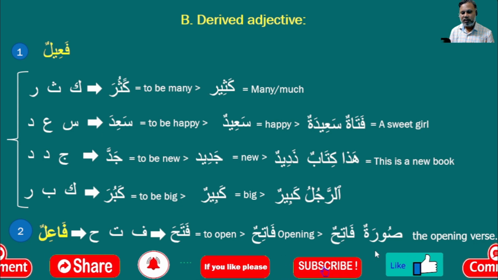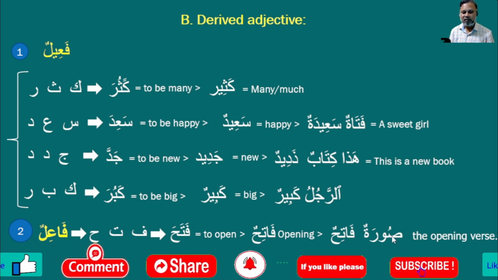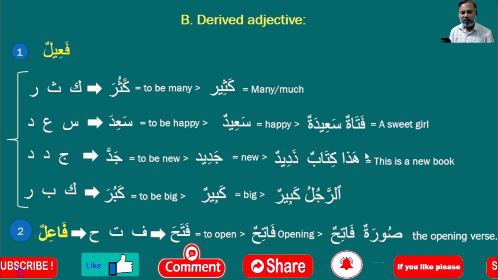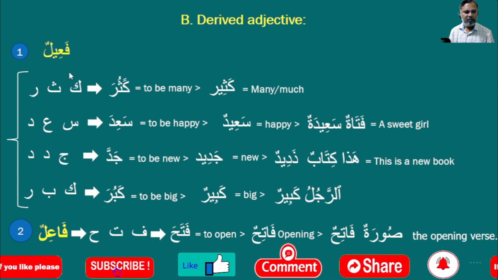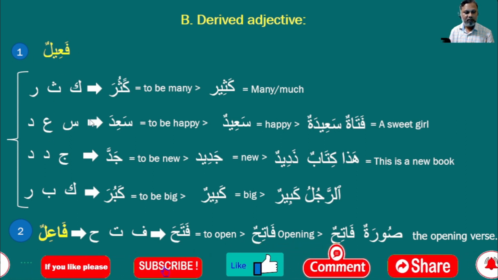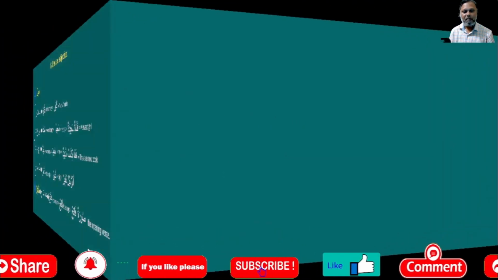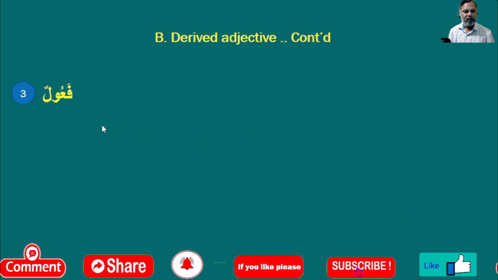Like suratun fatihun, the opening verse. Surah Fatiha is the opening surah in our Holy Quran. Fa'ilun and fa'ilun, these two we need to remember. This is very important. Let's see some more patterns.